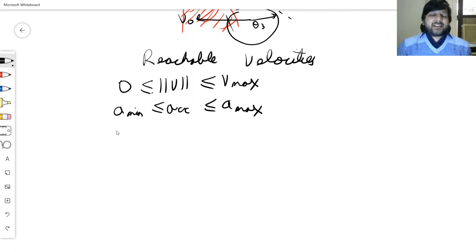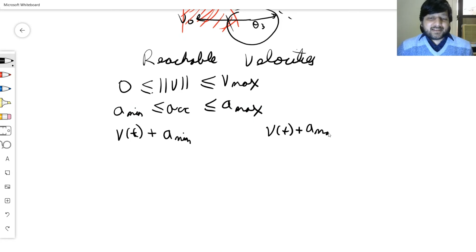If I'm traveling with a speed of Vt, and this program is operating in a frequency such that the time period between every 2 consecutive cycles is delta t, I know my speed can be between Vt minus a min to Vt plus a max.